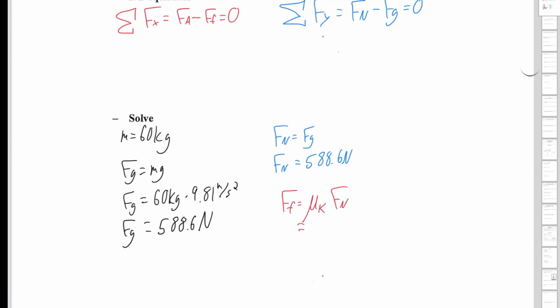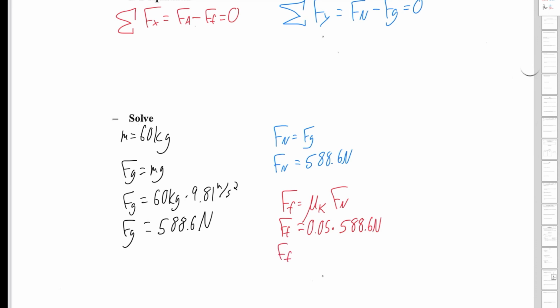We can find our mu k on our reference table. So this is waxed ski on snow. So our kinetic friction is going to be 0.05 for our coefficient of friction. Then we say that the normal force is 588.6 newtons. It's equal to our force of friction.